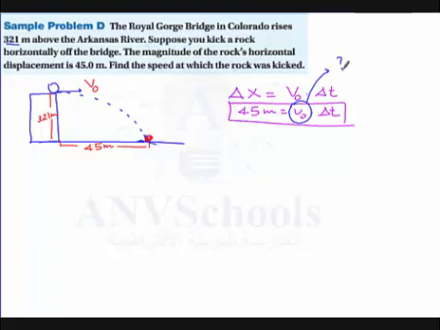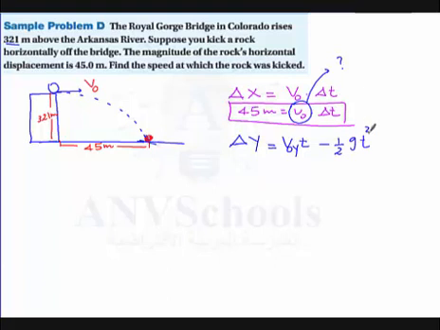To find t, I can use the equations of uniformly accelerated motion. The vertical displacement is given by V naught y times t minus 1 over 2 g t squared.